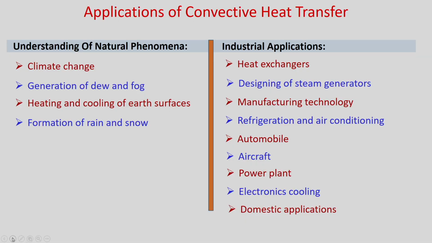Now, let us see a few applications of convective heat transfer. You can see there are many applications in natural phenomena as well as in industrial applications, and in daily life also you can see the application of convective heat transfer. Let us take a simple example.